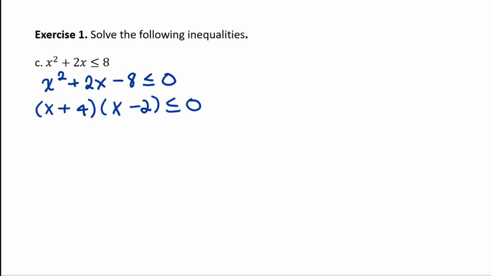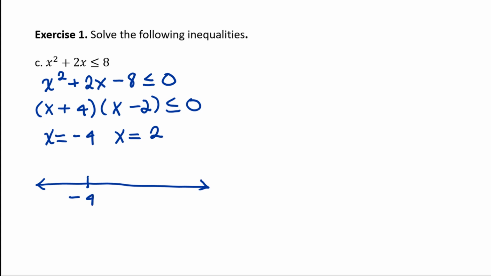When setting each of these factors equal to 0, you see that at x equals negative 4 and again at x equals 2, the quadratic x squared plus 2x minus 8 is going to be equal to 0. That can split the number line into three different regions where something critical happens.